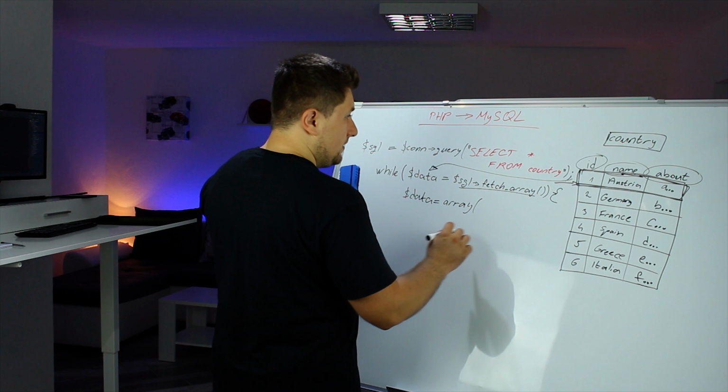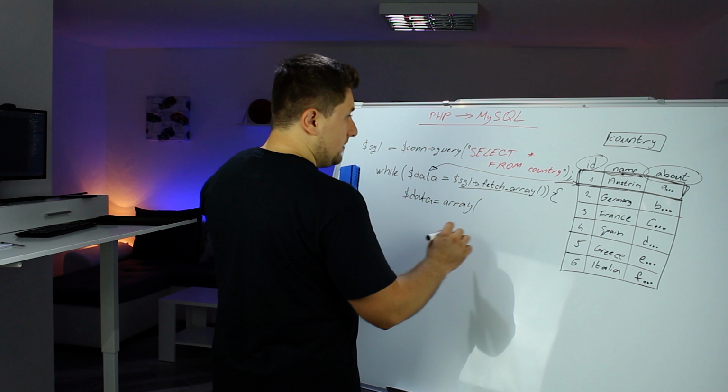Now for those of you that don't know how to get the data, first you need to know that this is our key inside this array, and this is the value for this key. Again, this is key, this is value, etc.